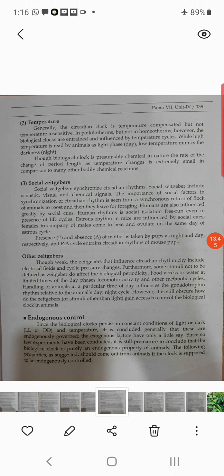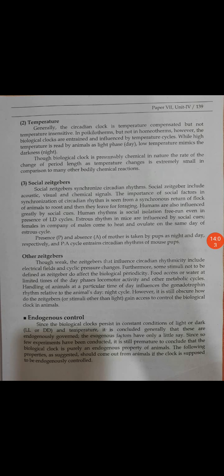Food or water access at limited times of the day phases locomotor activity and other metabolic cycles. So it means that so many other factors are there on which our biological rhythm activities depend. Okay, so these are the exogenous controls. Exogenous means that externally our biological cycle or activities get controlled.